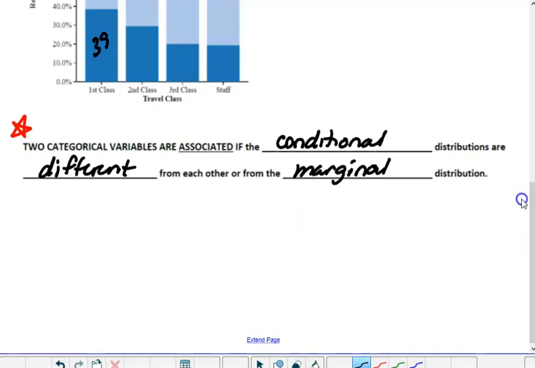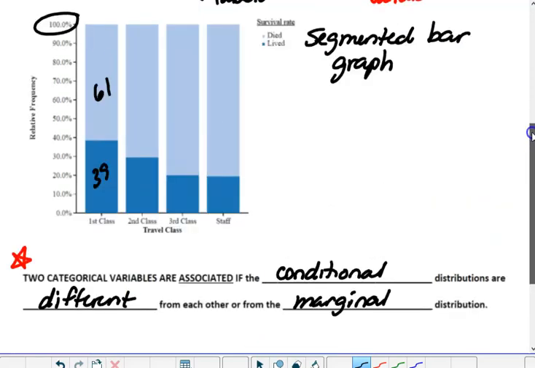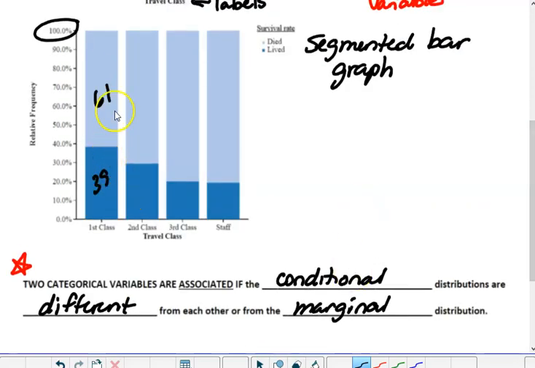Now, we can see clearly that that is the case. The conditional distributions for each variable are different. Now, we see that the conditional distributions for third class and staff are actually very similar to each other, but they are different from the distributions for second class and first class. If we go back and looked at the table, we could also see that the conditional distributions were different from the marginal distributions. This does not tell us anything about the marginal distribution.